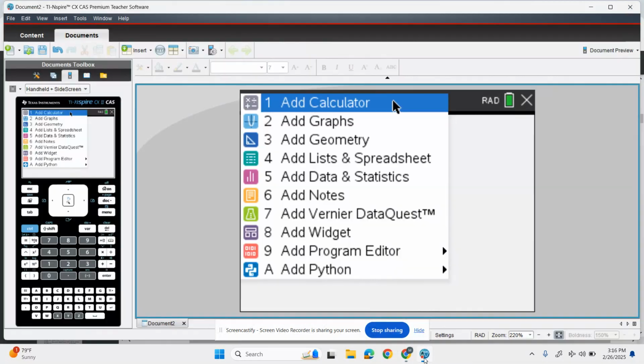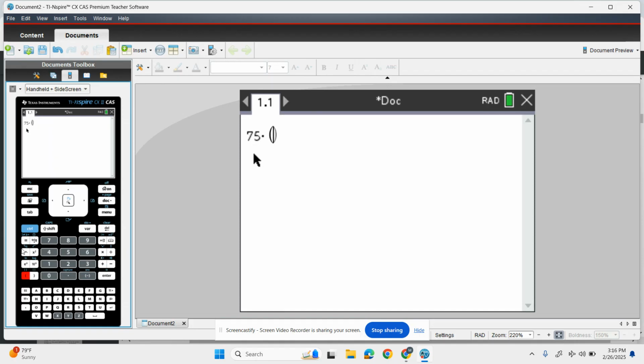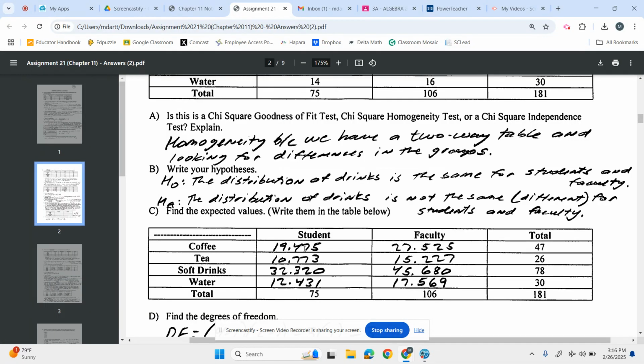I'll open up a calculator, and I'm going to do the total, which was 75, times that ratio, which was 47 over 181. And when I hit enter, I get 19.475, which you can see. So again, I took 75 and multiplied it by 47 over 181.